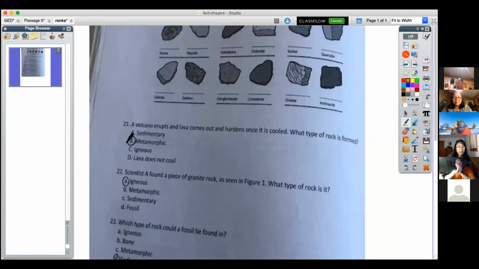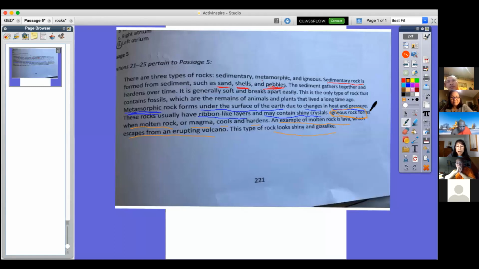So why are they still going with this one? That's why it's not a stone, circle it. So okay, you see that, we read together. Igneous rock is formed from magma, volcano erupting. Okay, so that's igneous. Yeah, that's right.